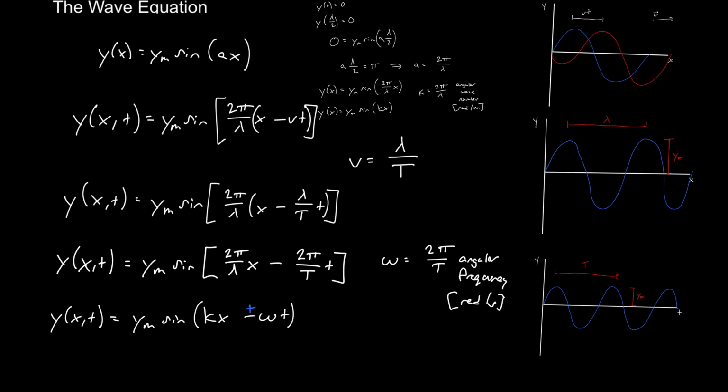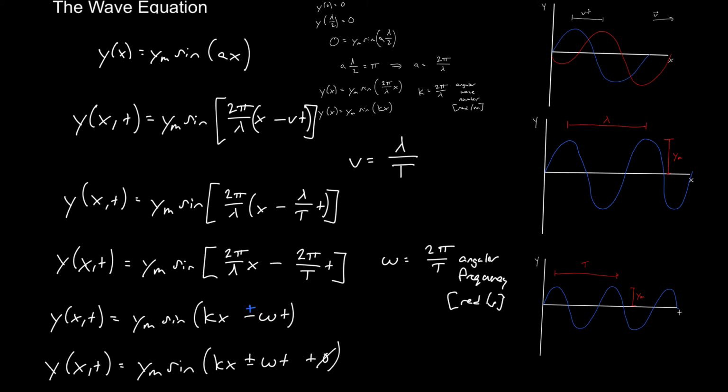And then the last thing we need to add is the phase constant. So this phi here is the phase constant, and that has units of radians.